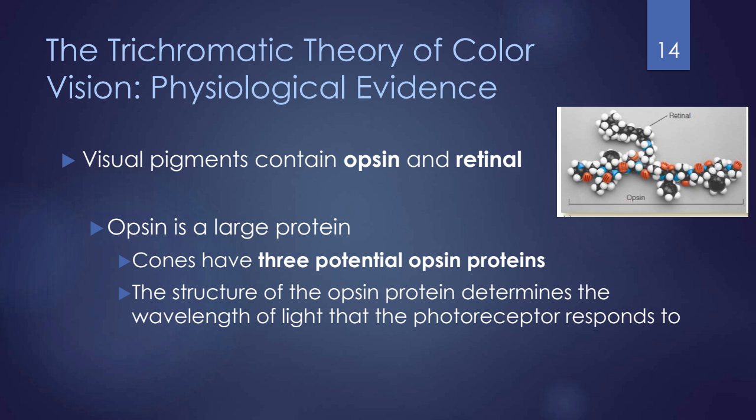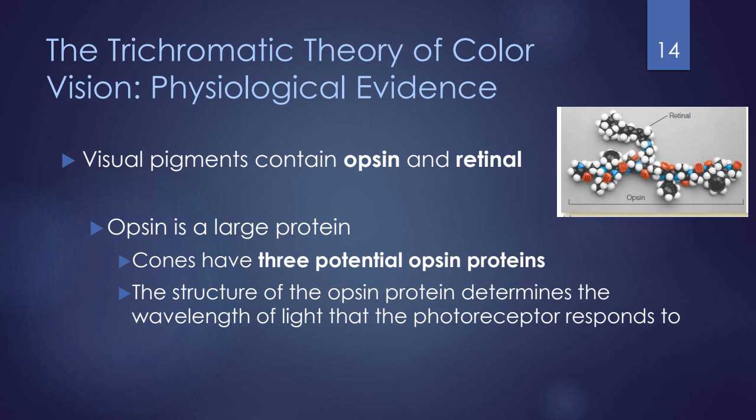Okay, so we're coming back to this a little bit. We've seen this figure before in the context of transduction. We're going to come back to it again and expand on it a little bit more, because color perception requires a bit of an expansion as we're now talking about 3 types of cones.